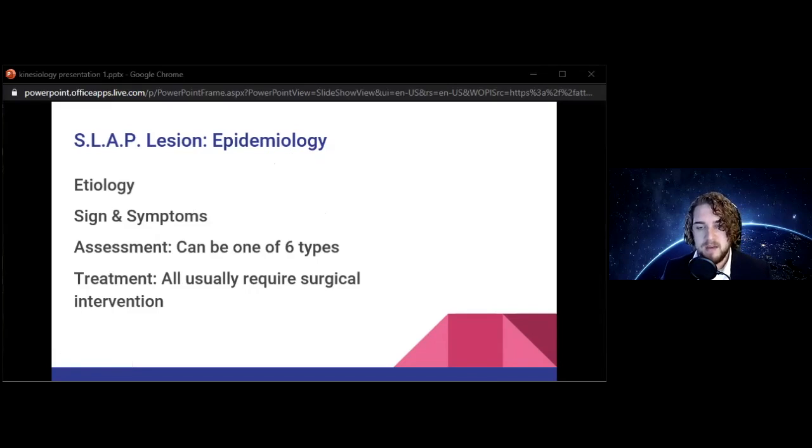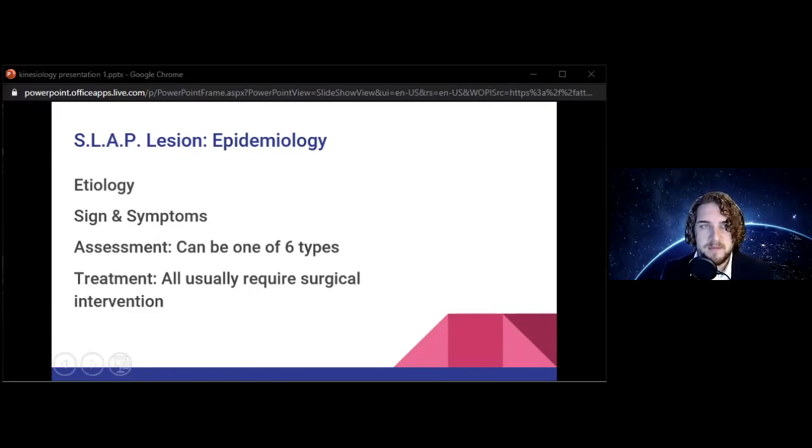So it can develop over the course of somebody's whole life, or it can result from an acute injury like falling on an outstretched arm, or you go to pick up something heavy and it just ruptures because your biceps tendon is too strained and it pulls away the labrum.